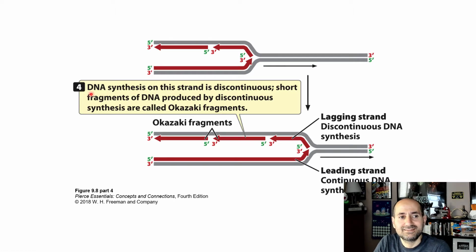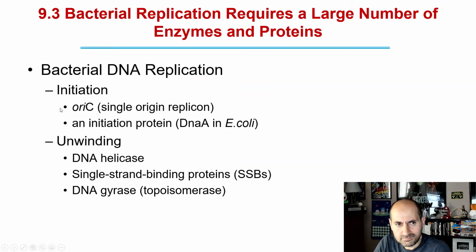Number 4, DNA synthesis on this strand is discontinuous. Short fragments of DNA produced by discontinuous synthesis are called Okazaki fragments. So you see you've got an Okazaki fragment, but on the leading strand, you don't get these fragments. You copy the DNA, and the more you unwind the DNA, the more you can just keep copying the DNA.